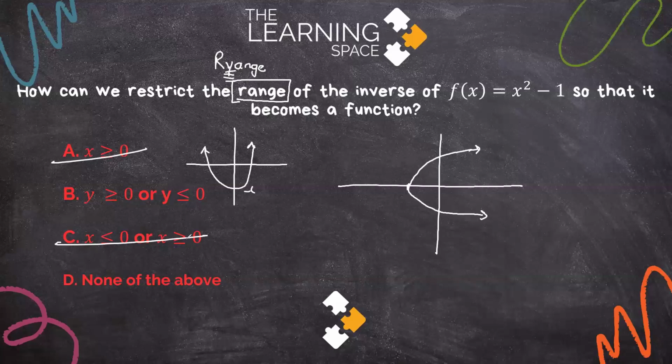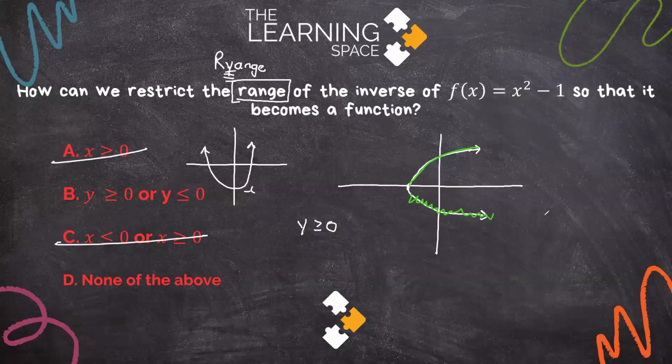Now, if I restrict it this way, if I said y is greater than or equal to 0, which portion of the graph am I talking about? I'm talking about this part where it's positive. Now imagine that this is no longer there because we're restricting it that way. Now we're going to have a one-to-one, which is a function. Or the other way around.